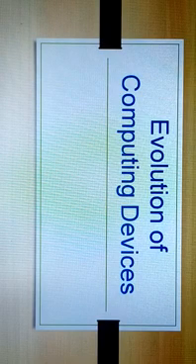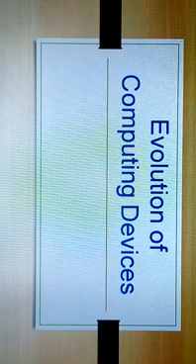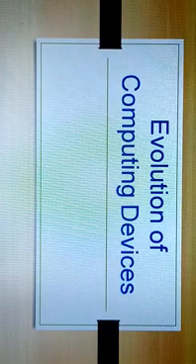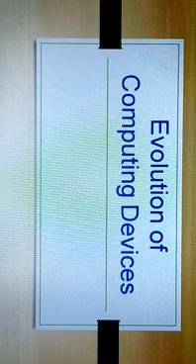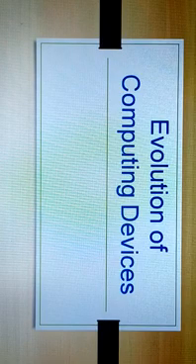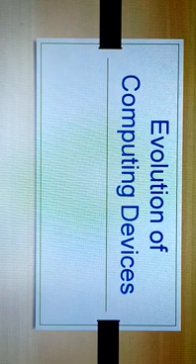Then in 1671, Gottfried Leibniz improved Pascal's machine, and these machines could also multiply and divide numbers apart from normal operations like addition and subtraction.